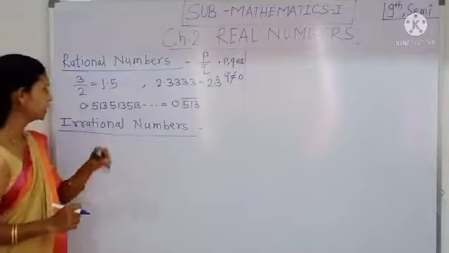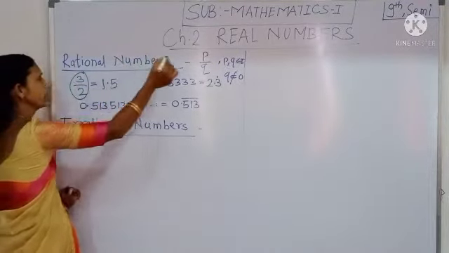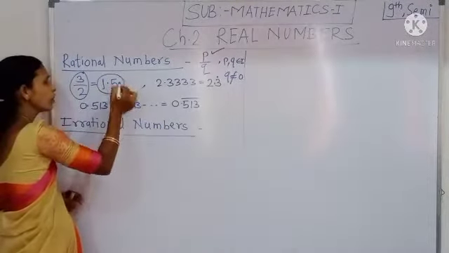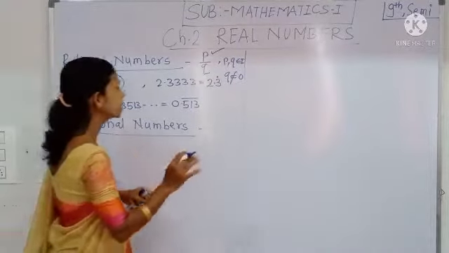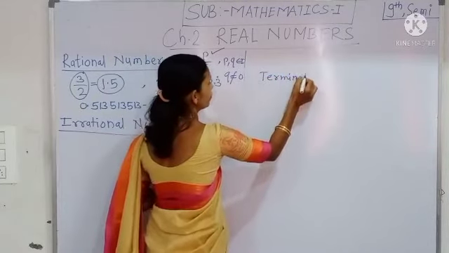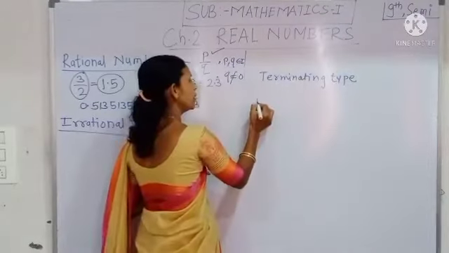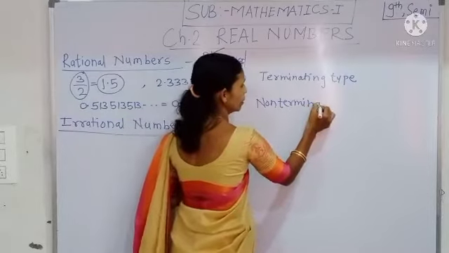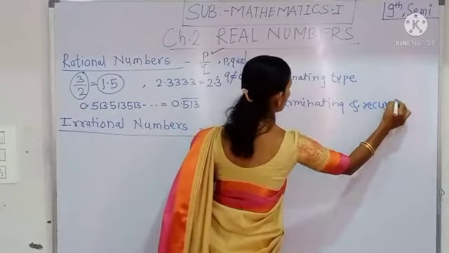So rational numbers we can write in the form p upon q, and the decimal form of a rational number is either terminating or non-terminating and recurring.